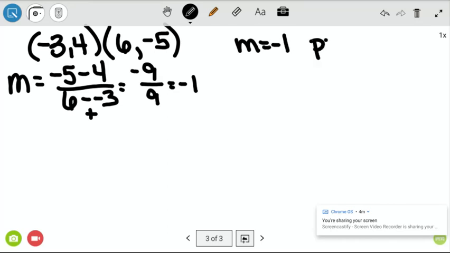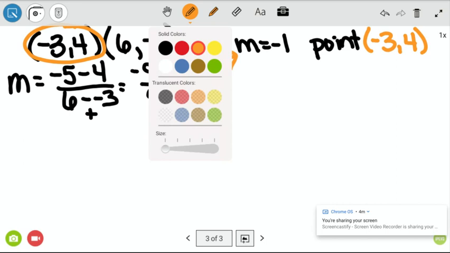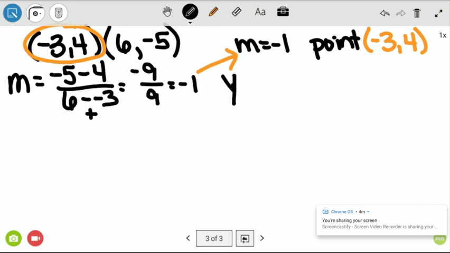And then for my point, I can choose either one of those ordered pairs. I can choose negative 3, 4, or I can choose 6, negative 5. One of those original points, I'm going to choose this one, negative 3, positive 4. And so then that's where we calculated the slope. So now we are ready to plug into our formula.